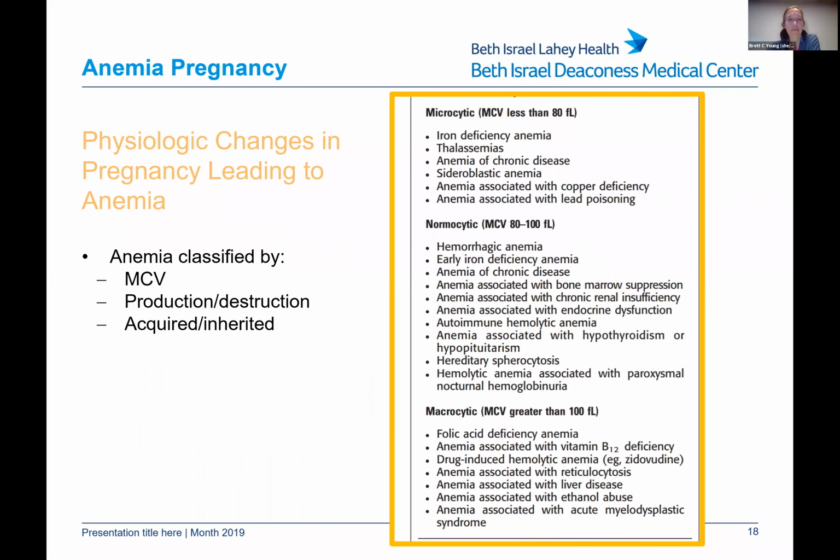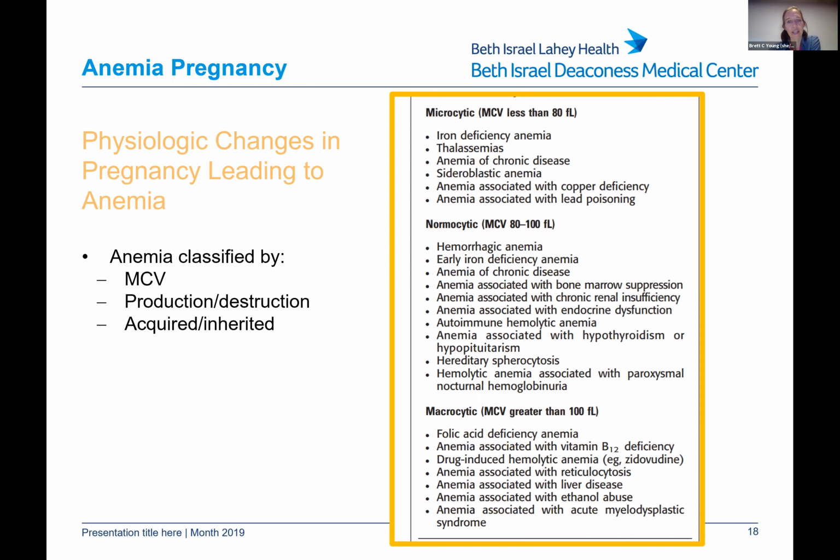Let's go through differential diagnosis of anemia in pregnancy. We can classify anemia in pregnancy either based on mean corpuscular volume, MCV, or it can be classified by production of platelets versus destruction of platelets if there's an imbalance, and can also be classified as either acquired or inherited.